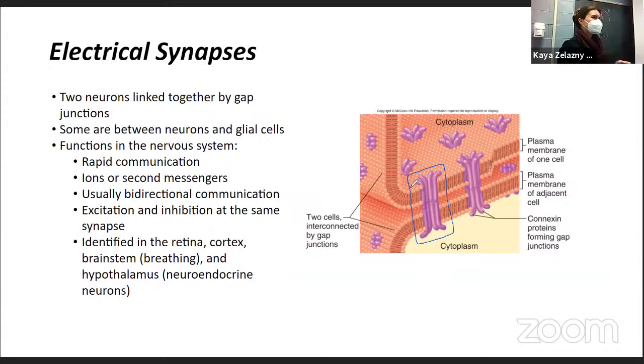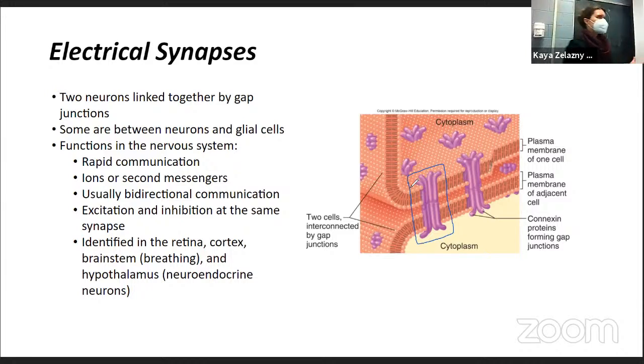So there are no gates. There's not really any control happening here in a gap junction. We just have cytoplasm mixing with cytoplasm. So we sometimes see these connections between two neurons. Sometimes we see these connections actually between neurons and glial cells.